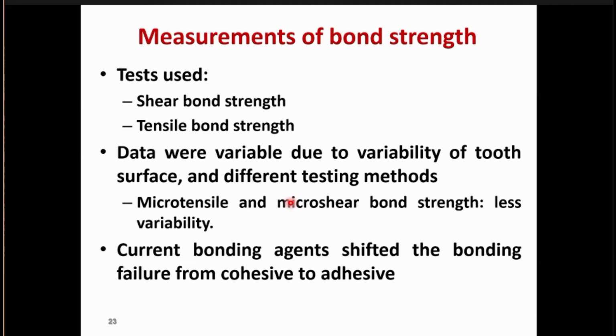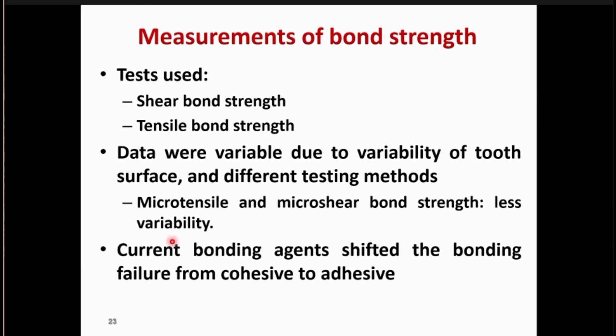Is it making a bond like super glue, or like normal glue, or like silicone? So each one has a different strength. Similarly, we use shear bond strength or tensile bond strength to evaluate our materials.